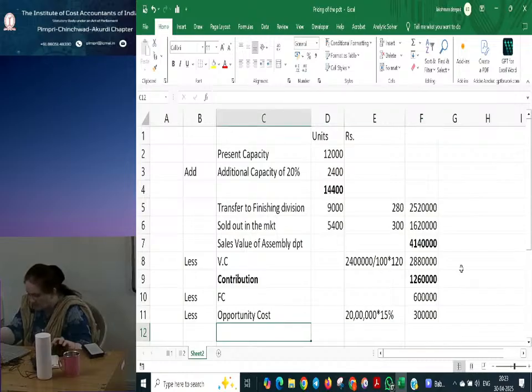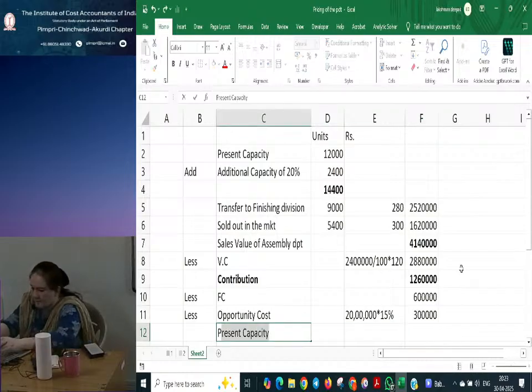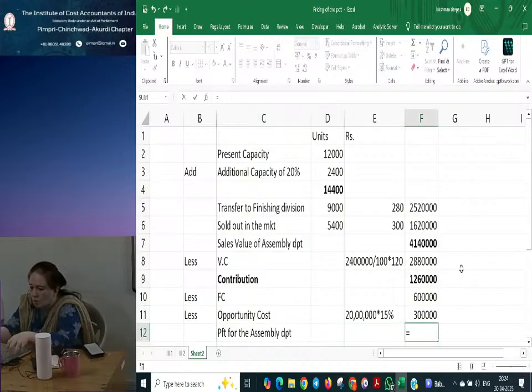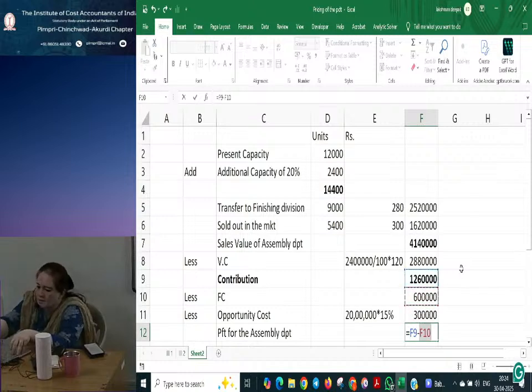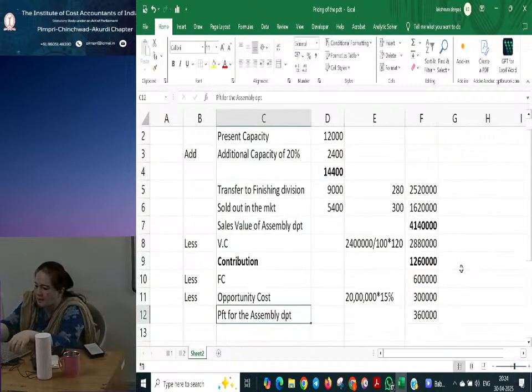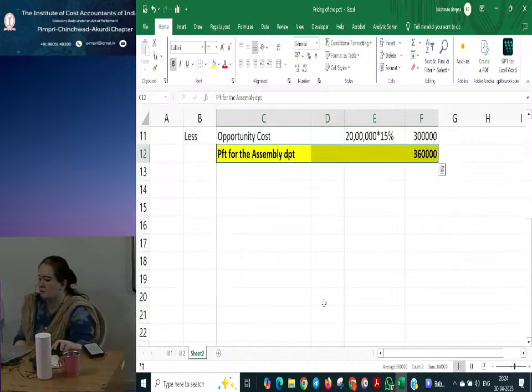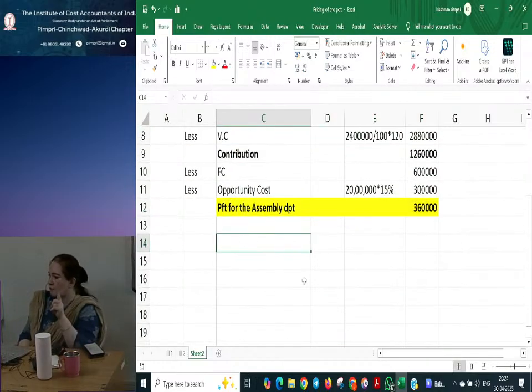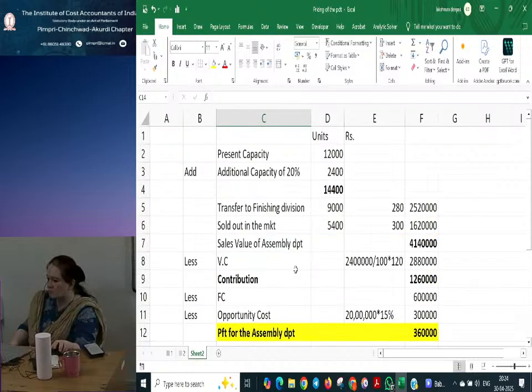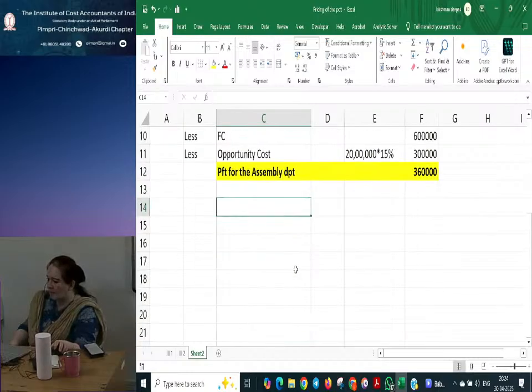So then comes the profit for the assembly department. Over here it is 12 lakh 60 minus 6 lakh minus 3 lakhs, which is 3 lakh 60,000. Got it? This is the first proposal. We are still in the first proposal. Now what happens to the other department?